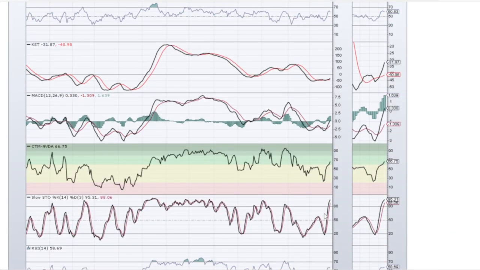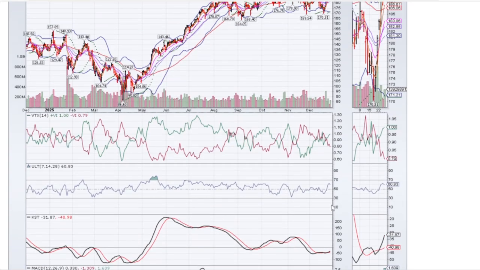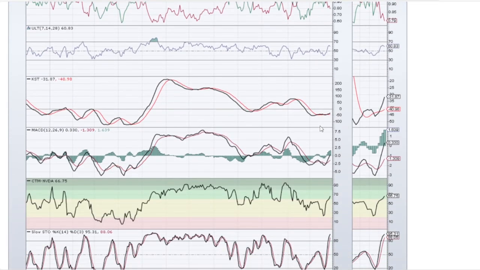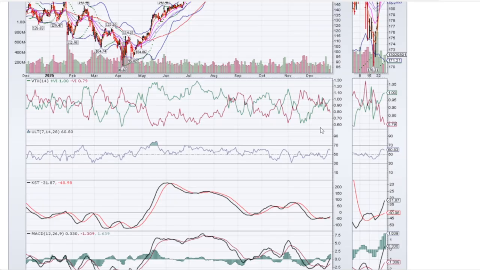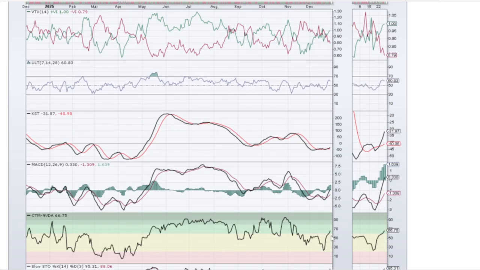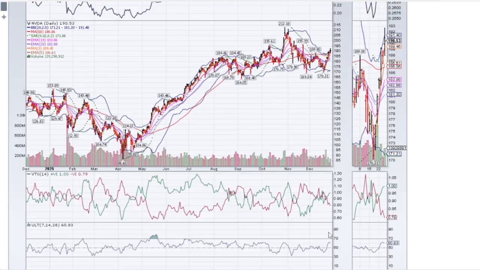On different cylinders, the slow stochastics is above 80, which means it's going to expand on the Bollinger Band, which we see right here, pushing up on the Bollinger Band, which if you want to see it a little bit closer, you'll see it right here. So we're bullish on NVIDIA. Also, the RSI is above 50, right? Showing that this stock can bounce back and be resilient.